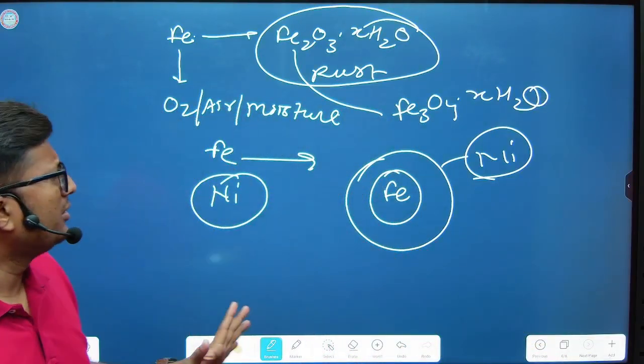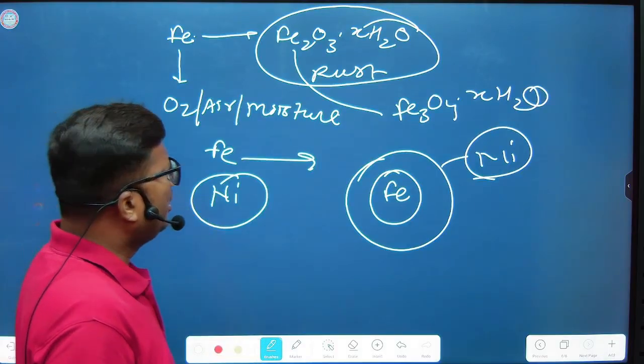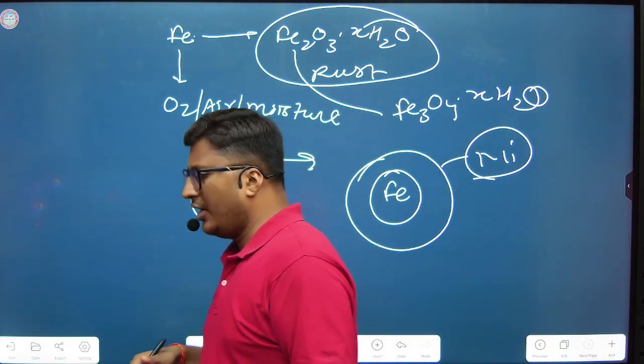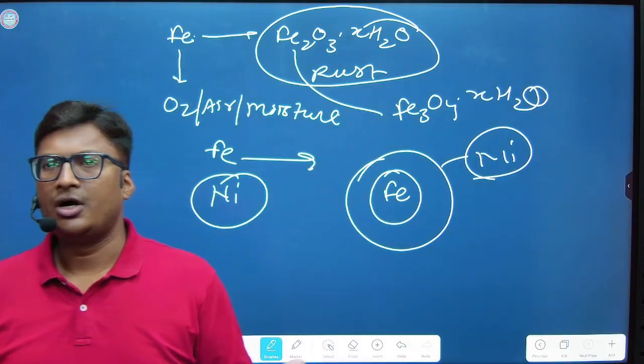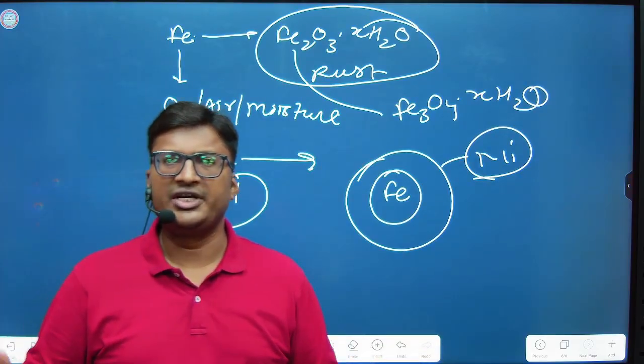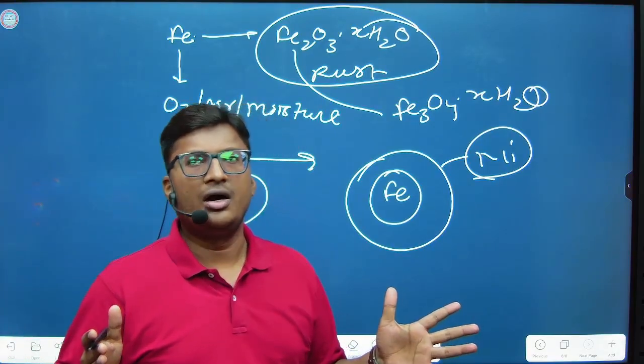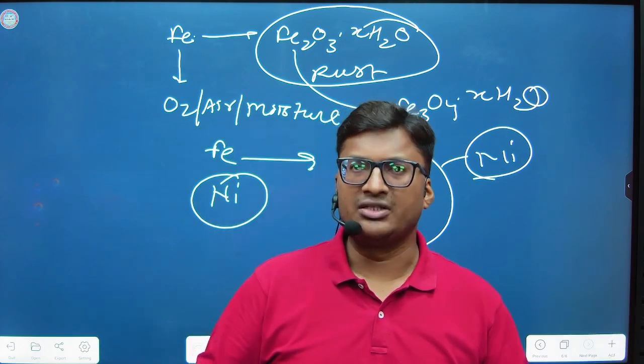So this is actually electrochemistry and its application, and that is basically through the knowledge of the standard reduction potential. So the most important parameter is the standard reduction potential.